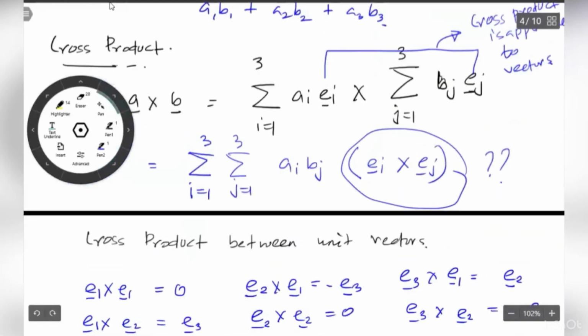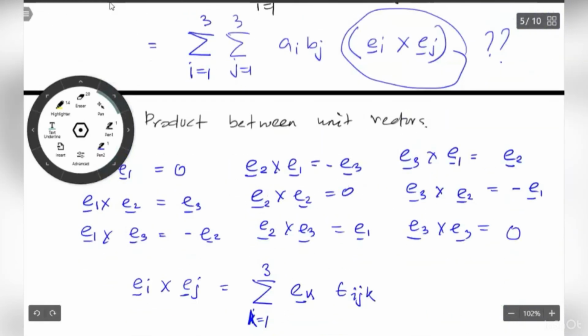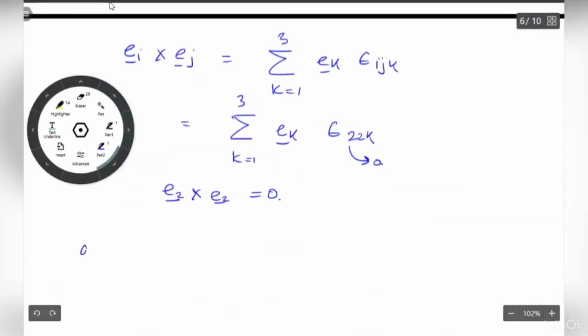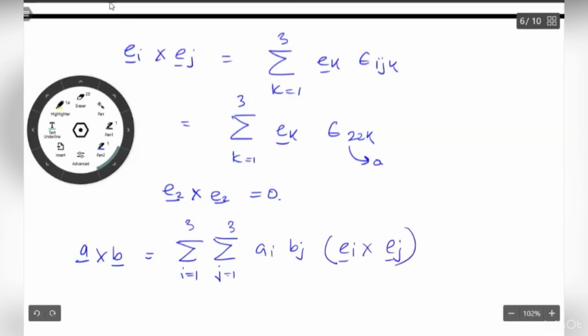Now this we have to substitute in this equation. So finally a cross b will be the summation of i equals 1 to 3, j equals 1 to 3, ai bj ei cross ej.